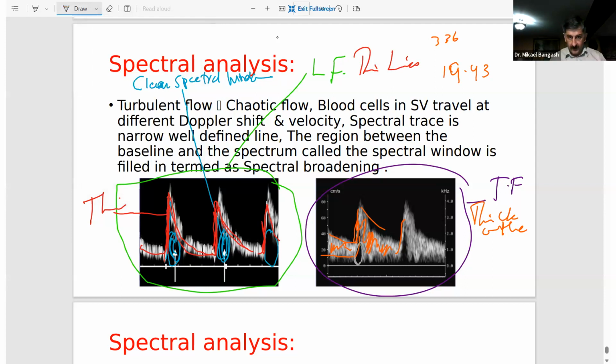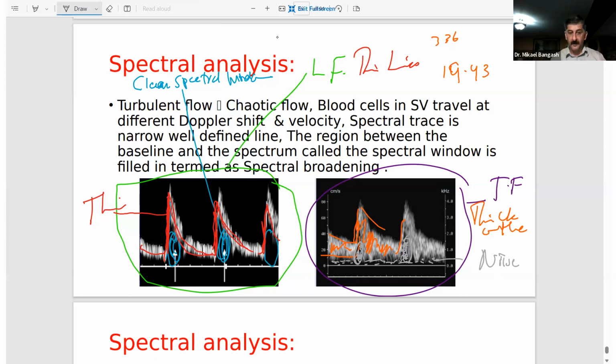This area here is filled up with what would be noise, or small bright dots, which is noise.